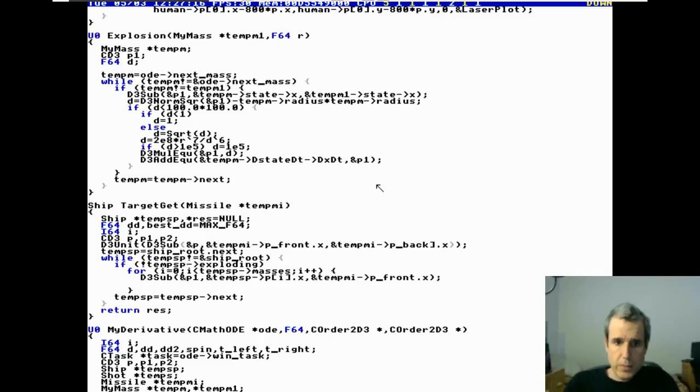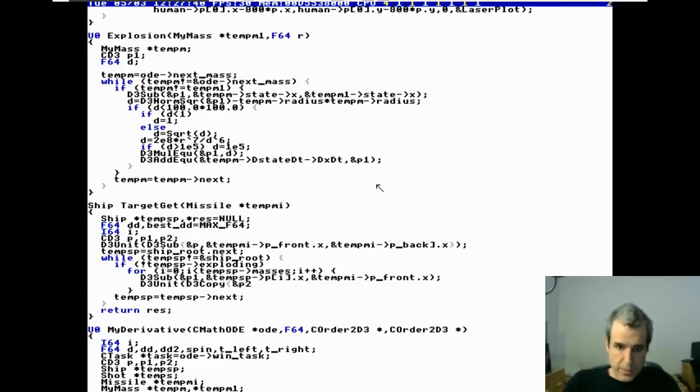Okay, so D3 unit address P2, D3 copy address P2.